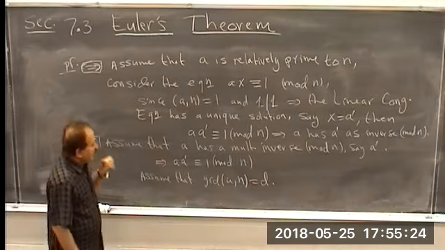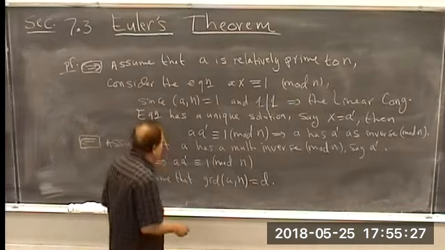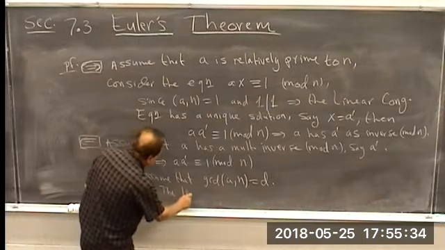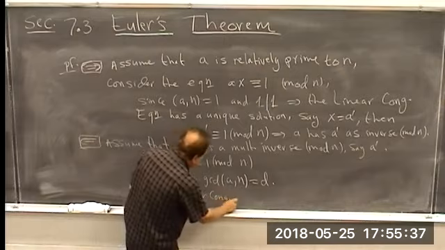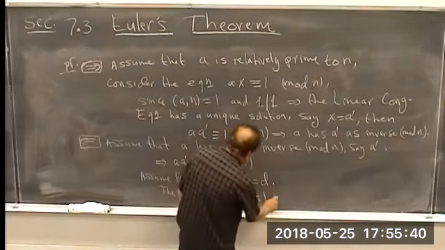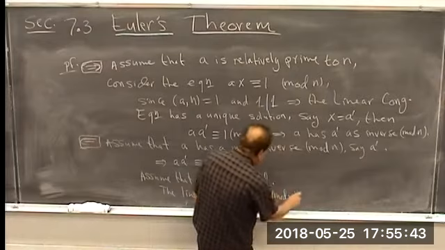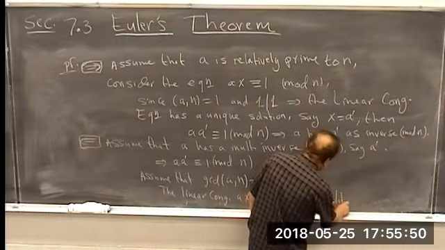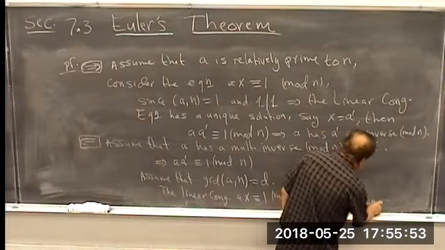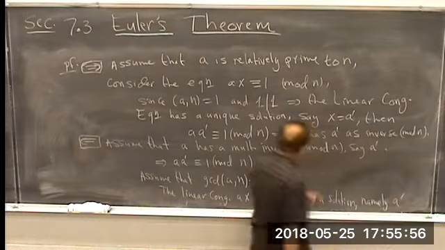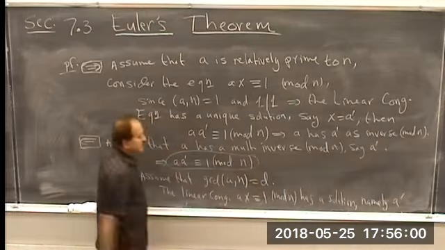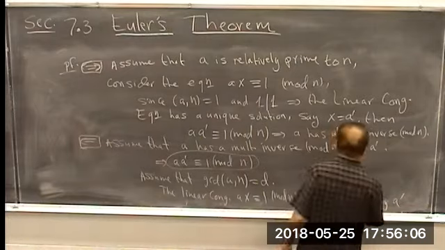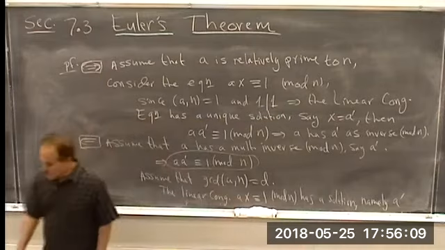All right? Now, the linear congruence ax congruent to 1 mod n has a solution, namely a prime, because it does actually satisfy this, by the necessary and sufficient condition for a linear congruence equation to have a solution.